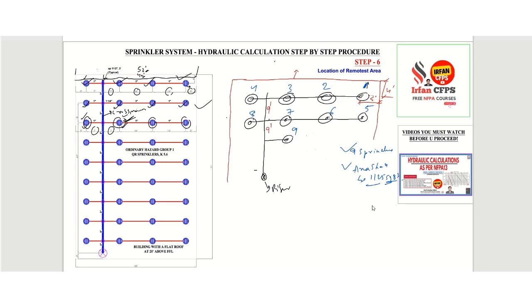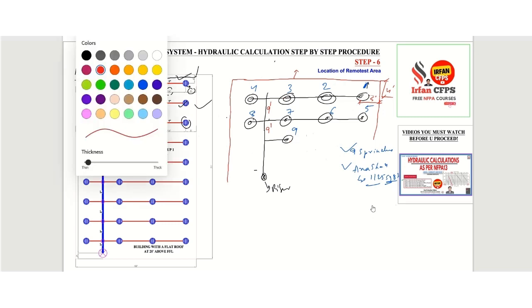So now what we will do, we will try to check the area of these sprinklers initially, then we'll come back to this, and finally we'll check the area of this. Now I will take one more color, and yeah, this violet looks good.